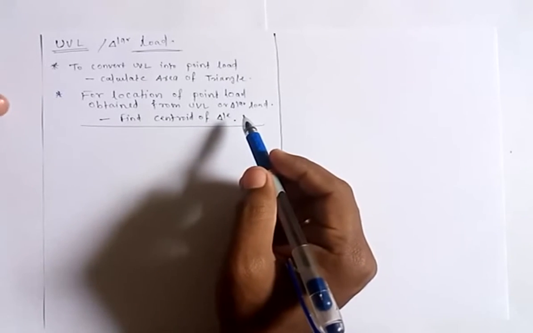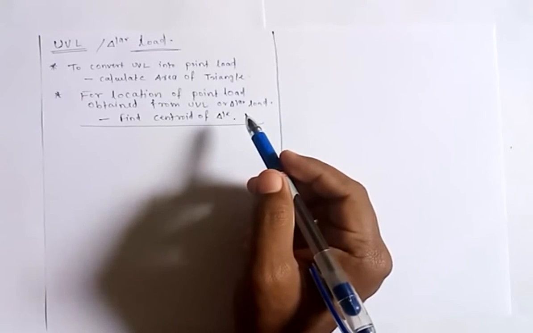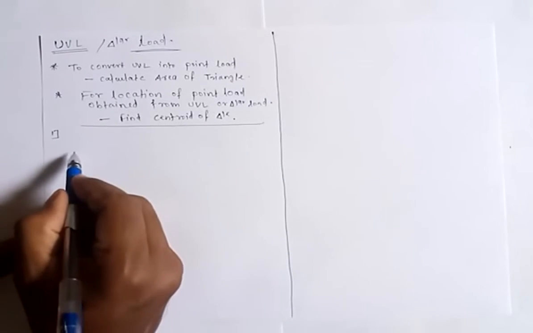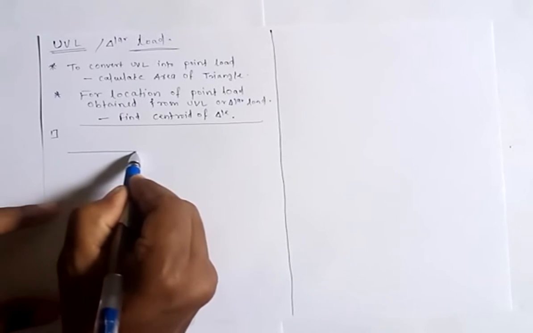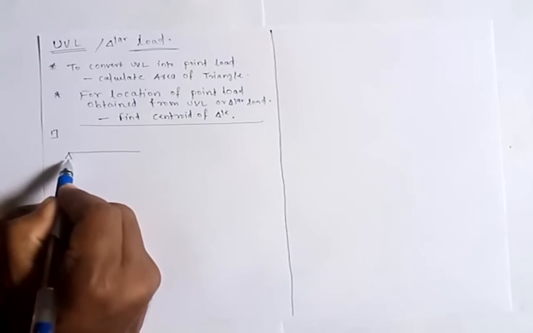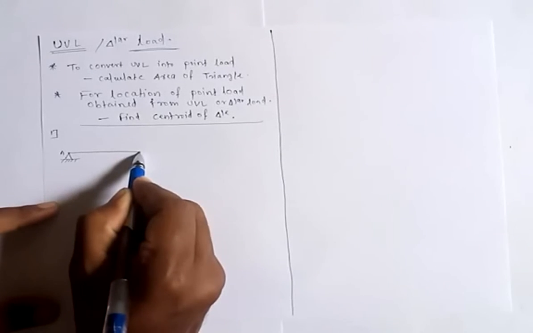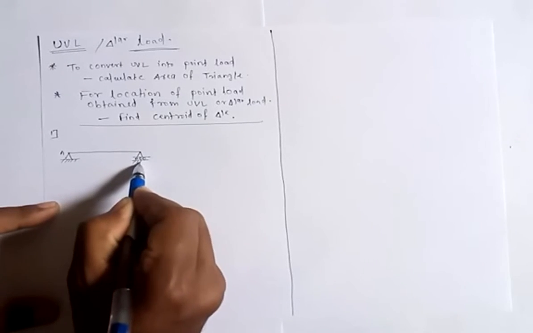So let us discuss different types of triangular loads one by one. Consider this triangular load shown in the diagram, which is acting on the beam AB. Let this be your beam AB having one hinge support at point A, and at point B a roller support.